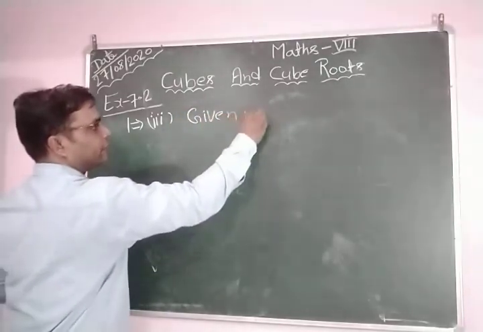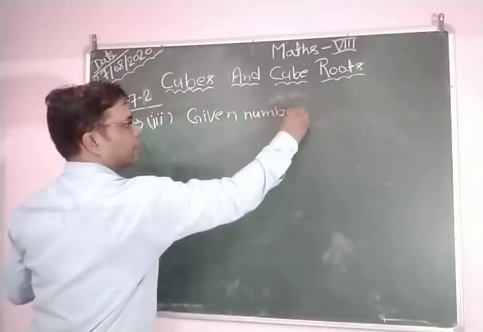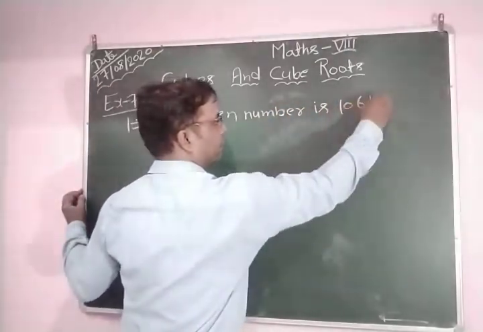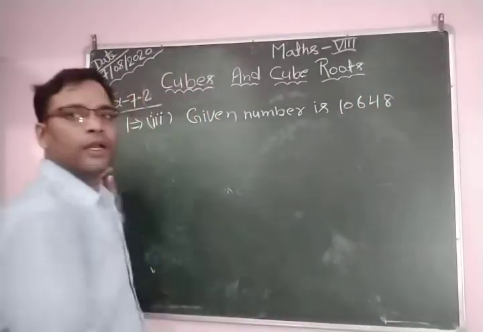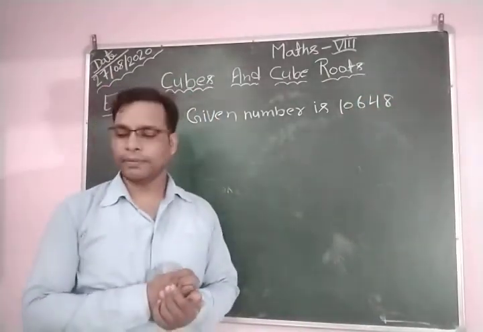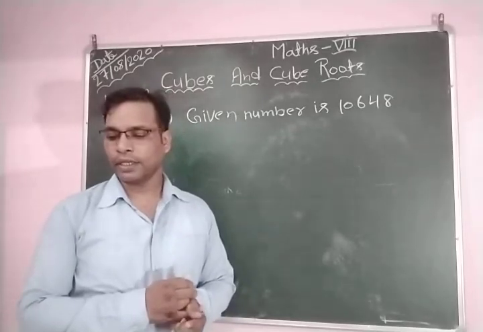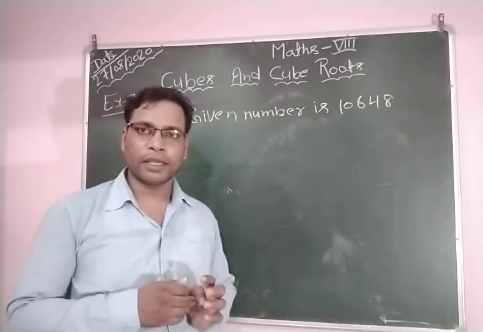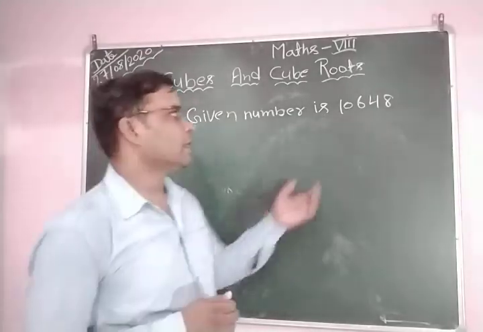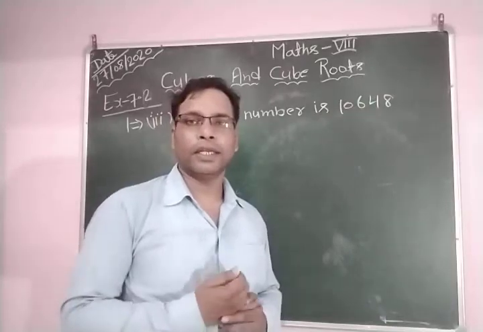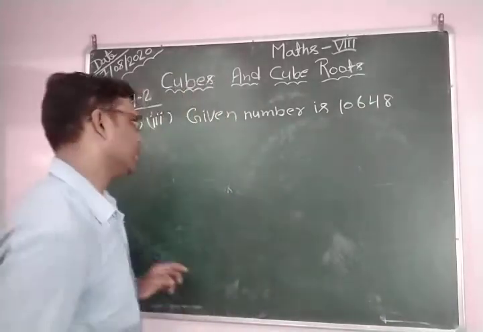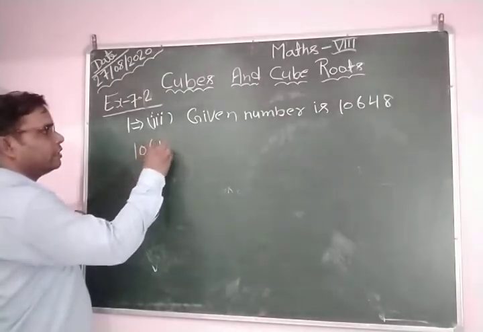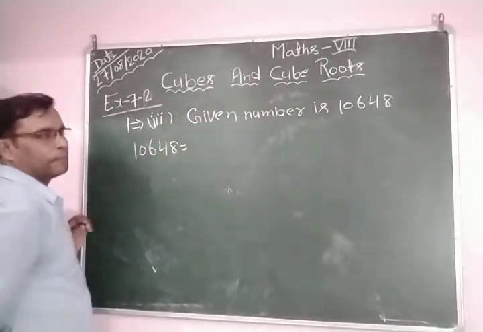We need to find the cube root of this number. First we express 10,648 as a product of prime factors. So let's see how to express 10,648 as prime factors.